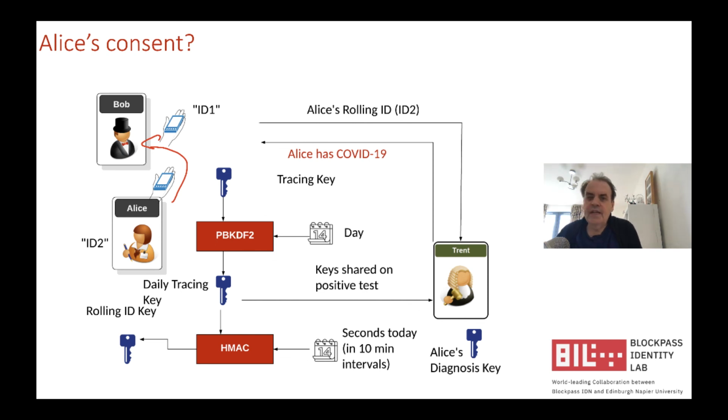In some countries, that might involve an explicit consent, where Alice is given the opportunity to broadcast their status or not. But it should also give Alice the rights to prove that she doesn't have it and to create an attestation that she has been tested. So in this way, we need to understand what Alice's consent process is inside this infrastructure.